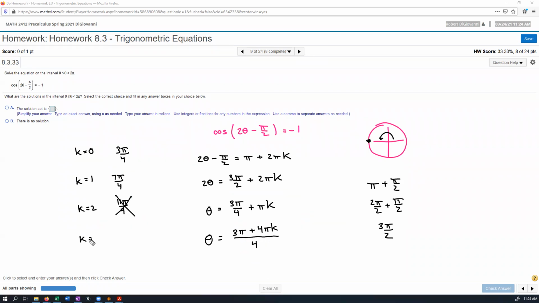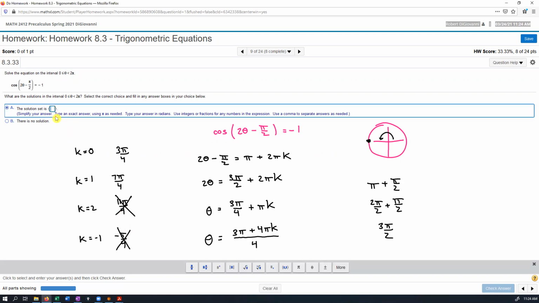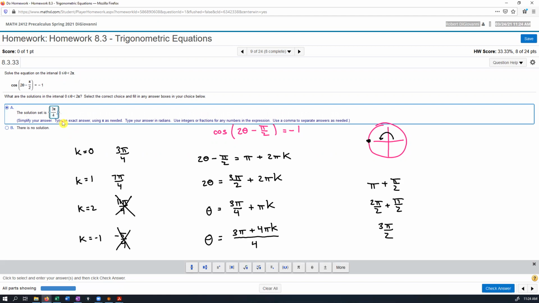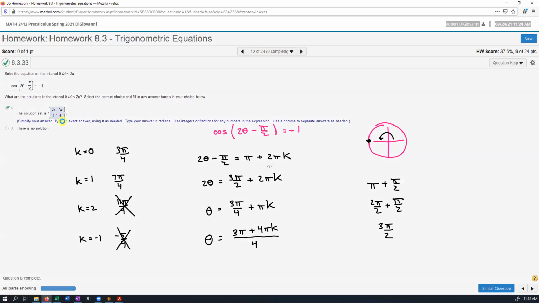Let me just check. If k is -1, we will get negative pi over 4, and that's negative, so I can't use that. So it looks like just two answers, 3 pi over 4 and 7 pi over 4.